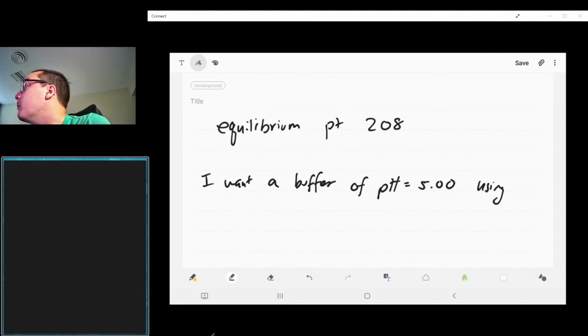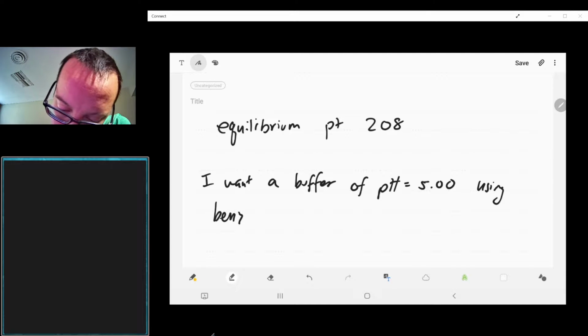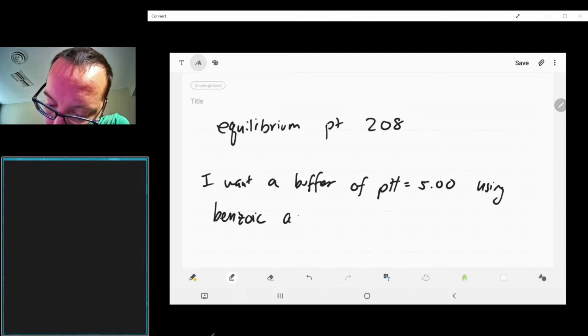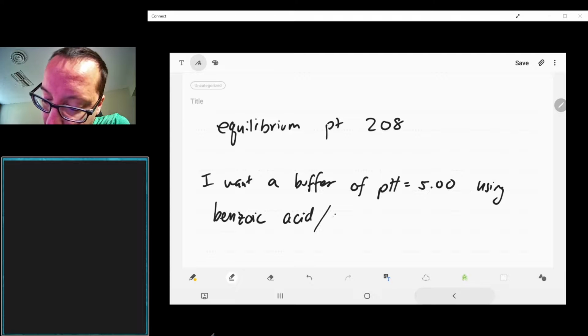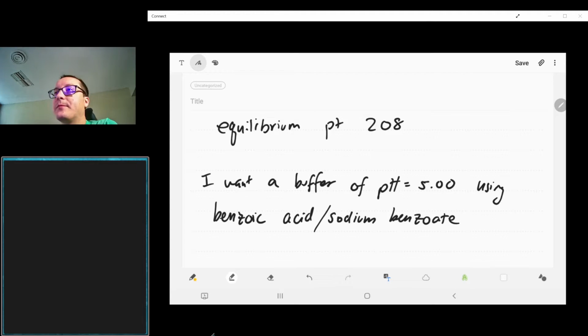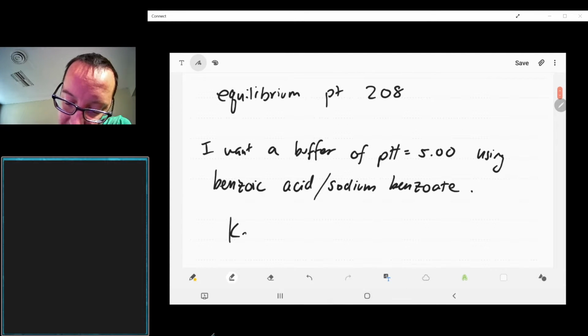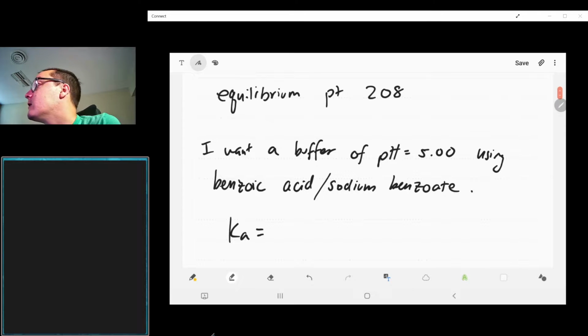Let's use benzoic acid and sodium benzoate. So if Ka for benzoic acid is 6.46 times 10 to the negative 5.